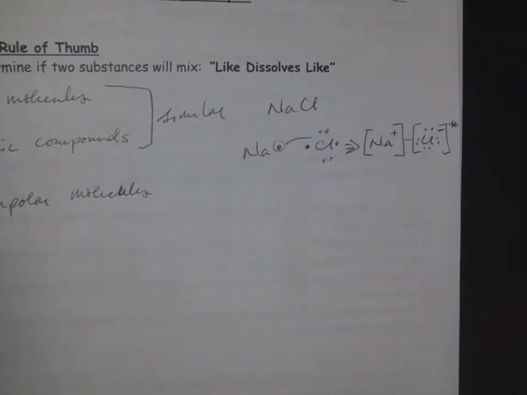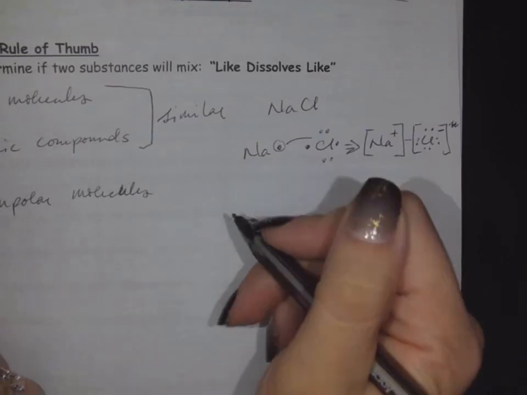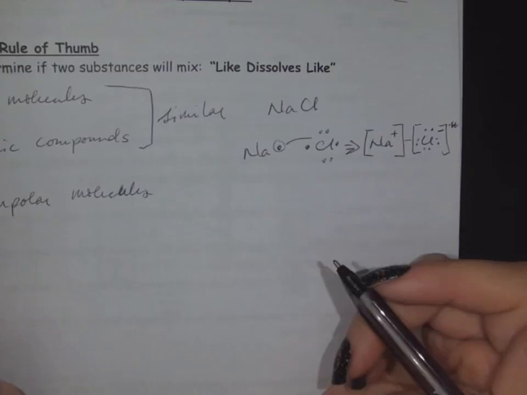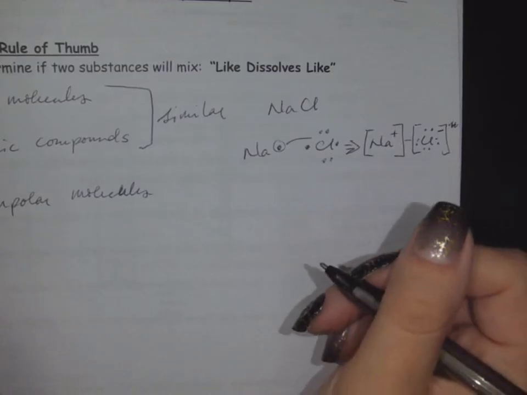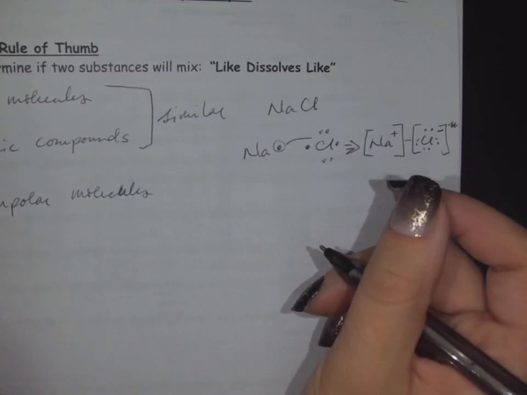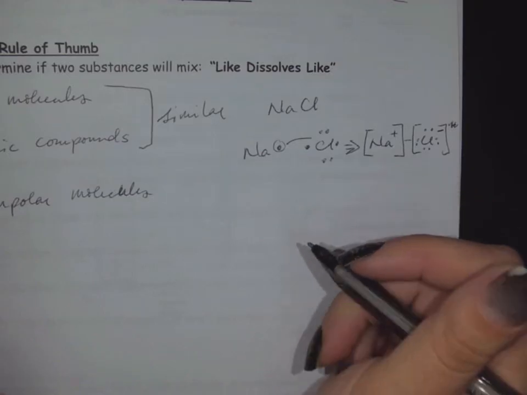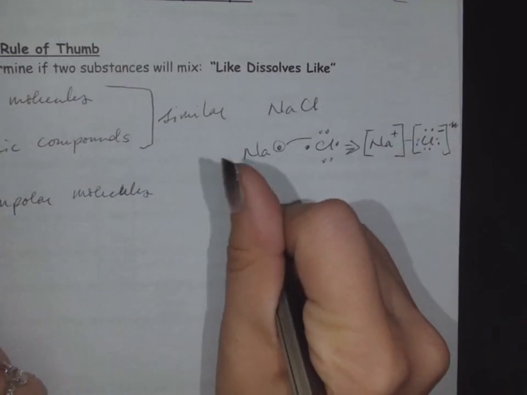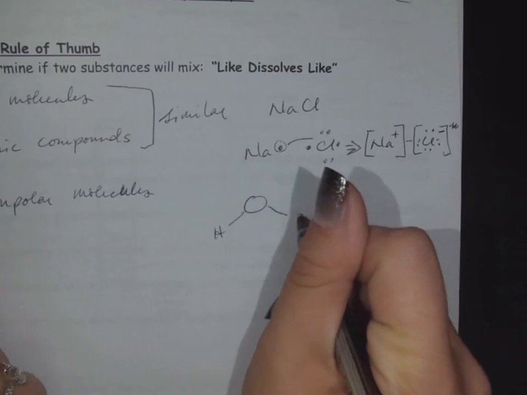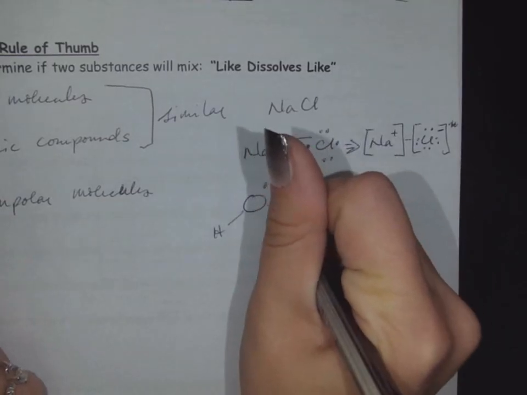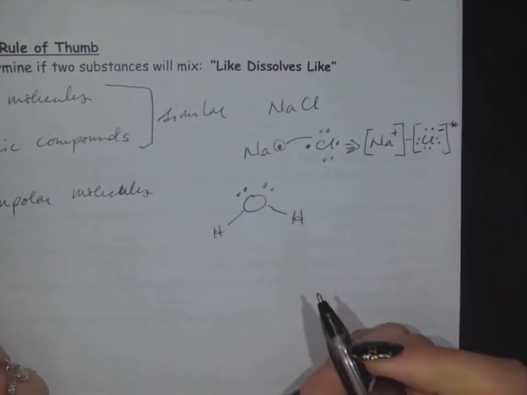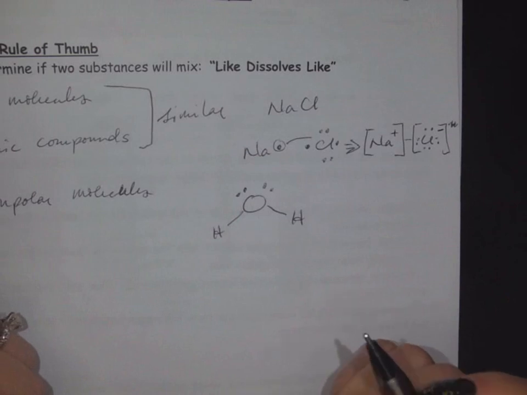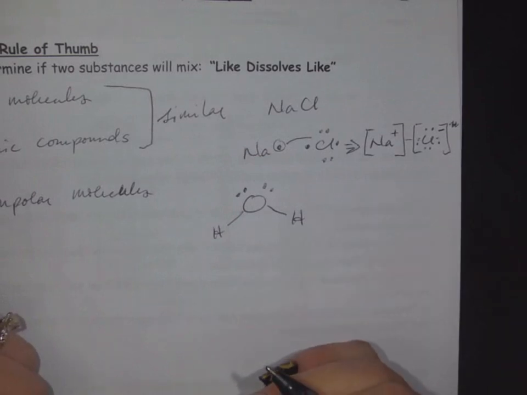Now, this is very similar to polar molecules that have partially positive areas and partially negative areas. Back to water, because it is definitely our most utilized and talked about polar molecule on the AP Chem test. So with polar molecules, we get regions of the molecule that are more negative and regions of the molecule that are more positive.